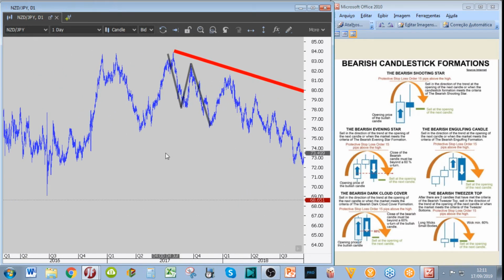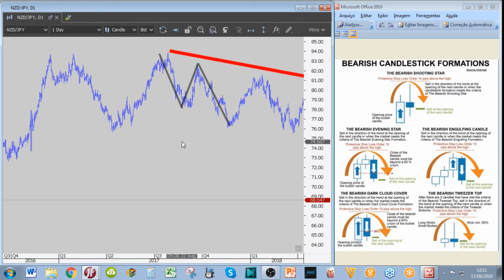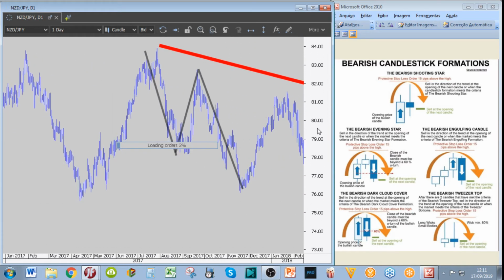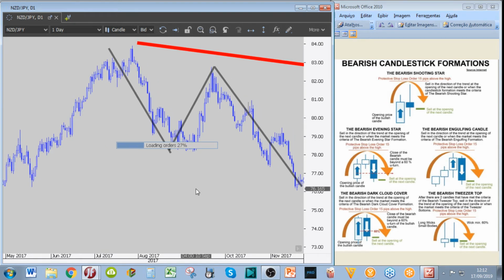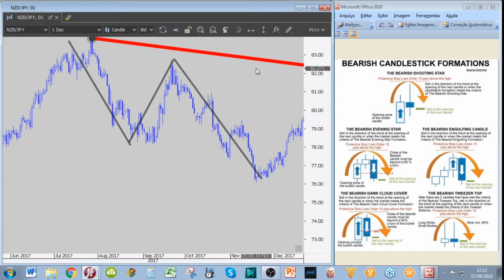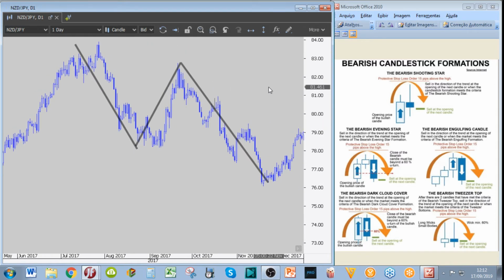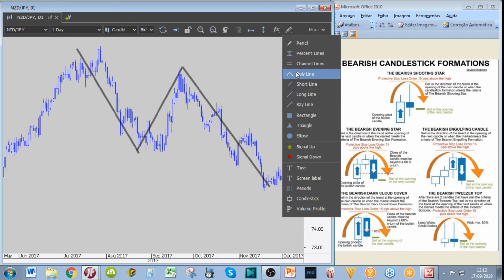Okay, now we don't have the crystal ball, so until here we couldn't confirm anything, right? But starting from the second lower high and the second lower low, we can confirm the down structure. And let's go.